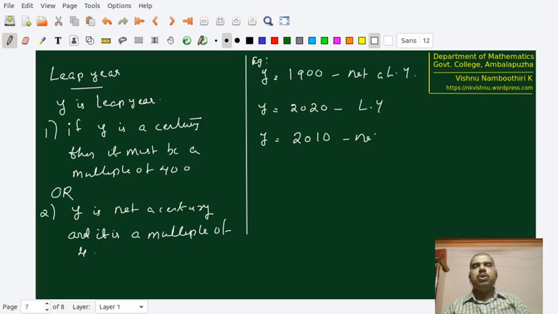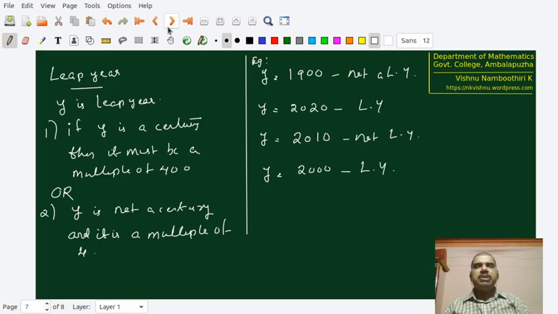This is not a leap year because this is not a century, first of all, so the first condition we need not check. This is not a multiple of 4. Therefore, this is not a leap year. Y equal to year 2000. This is a leap year because it's a century and it's a multiple of 400. So this is how we check if a given year is a leap year or not.